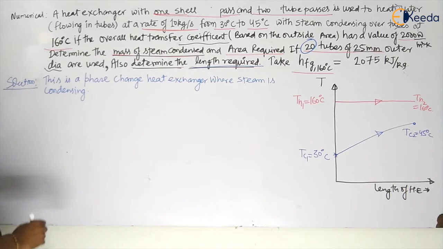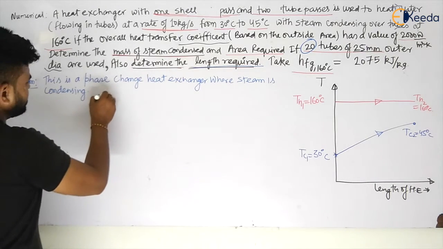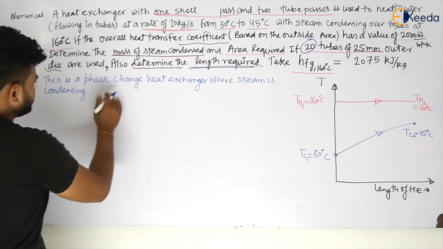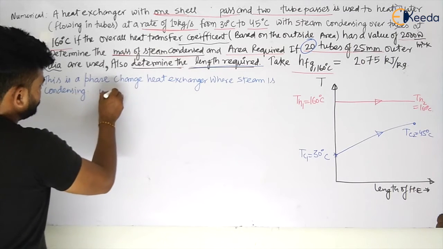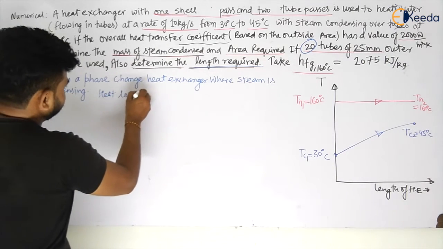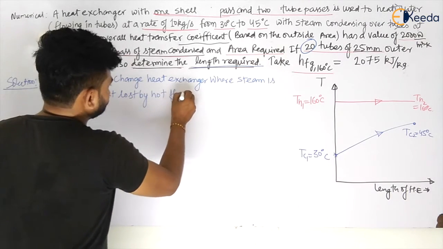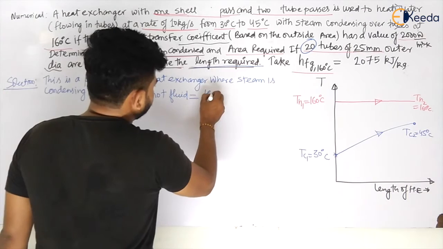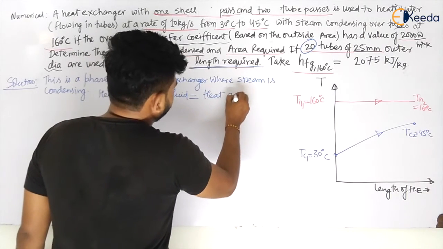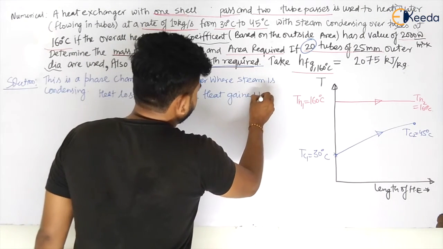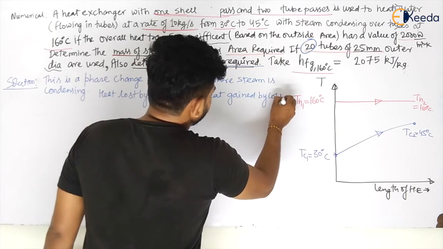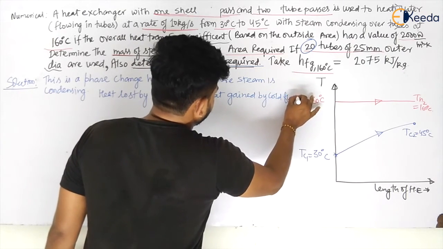So can I calculate the mass of the steam? Yes. What will be the mass of the steam? We can say that heat lost by hot fluid is equal to heat gained by cold fluid, that is your water, my dear students.